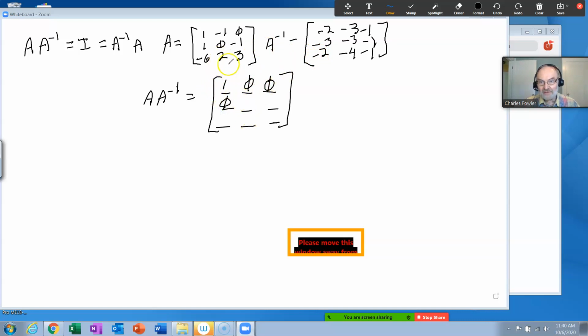The 2, 2 entry, second row, second column: negative 3 plus 0 is going to be negative 3, plus 4 is a plus 1. Good deal. The 2, 3 entry, second row, third column, would be negative 1, 0, plus 1, that's a 0.